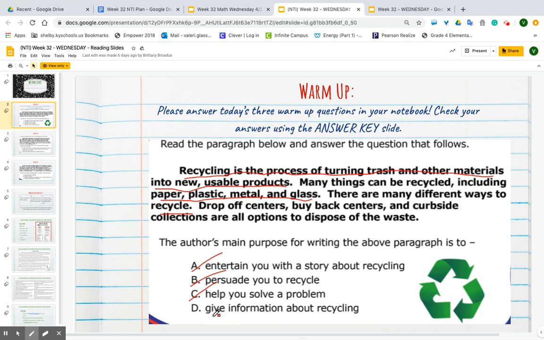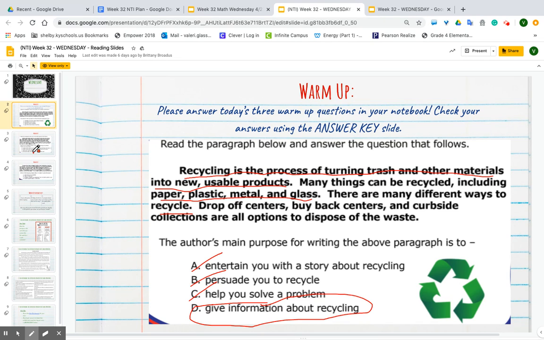So then let's look at D. Give information about recycling. Does it do that? Yes. It's telling us what recycling is. It's telling us what can be recycled. And it's telling us where we can recycle things. So our answer would be D. Give information about recycling.